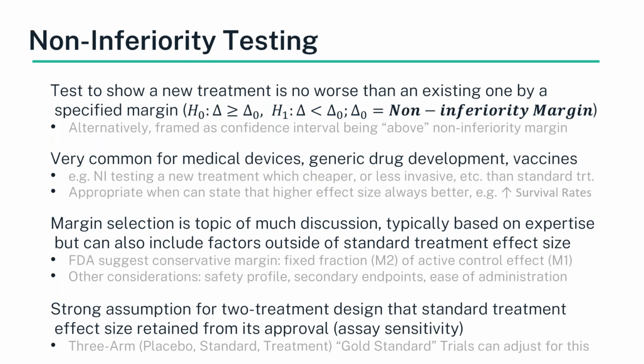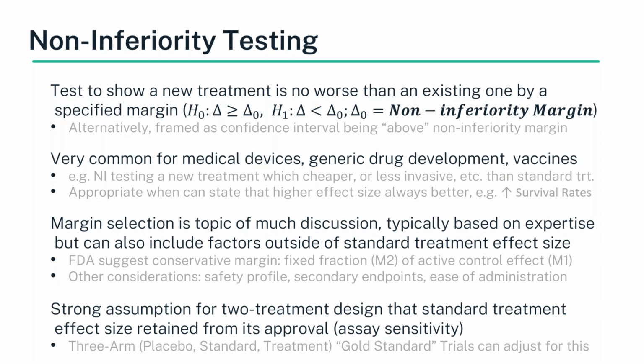Now, depending on the context of your non-inferiority trial, this M1 can take into account more than just this active control effect though. For example, if the treatment is significantly safer or easier to administer, it may be possible, in discussion with regulators, to justify a more relaxed choice of M1.